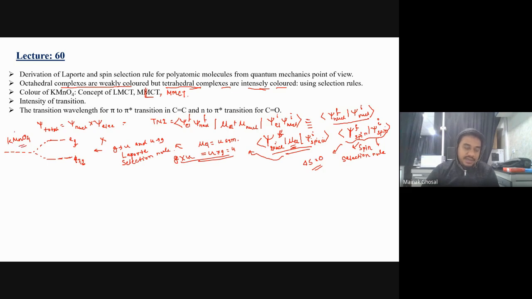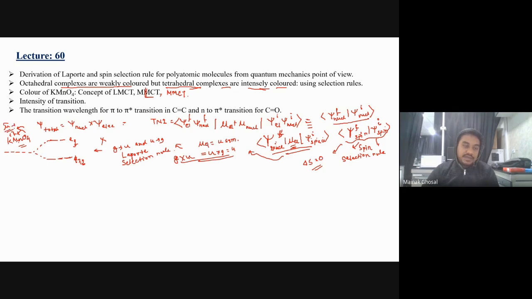Why are they intensely colored? Since manganese is in the d0 state, manganese plus 7, the oxide will push electron density towards manganese. Since they push electron density to manganese, the electron density shift will increase the transition dipole.